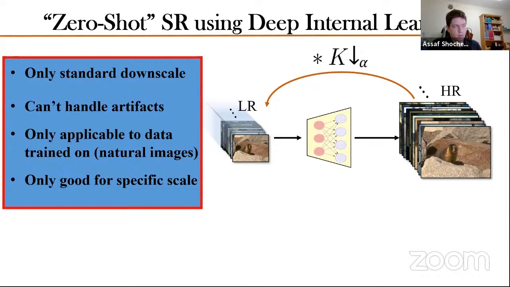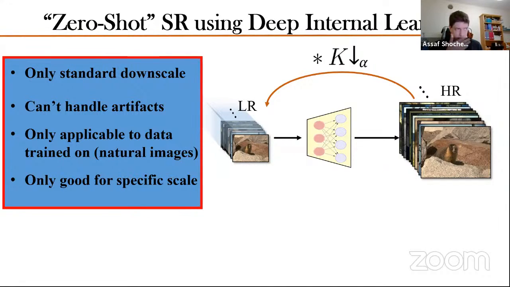So we were looking for a different method that can actually overcome all these problems. For example, you can decide on the fly whatever scale you want to do, and it doesn't even have to be the same scale for the horizontal and the vertical dimensions.